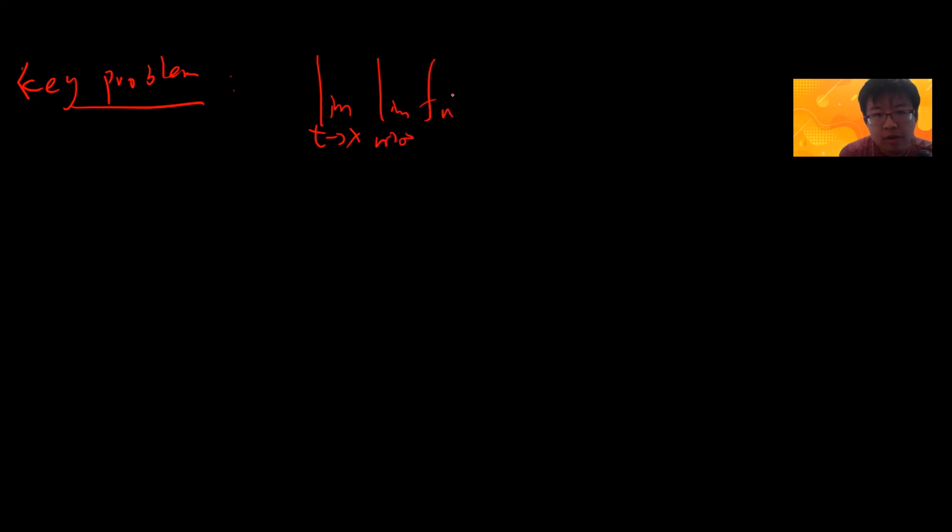So the key problem: there are many key problems. The first is that with t going to x and n going to infinity, the limit of f_n of t may not exist, and it may not be the same as taking the limit as n goes to infinity and then t goes to x of f_n of t.